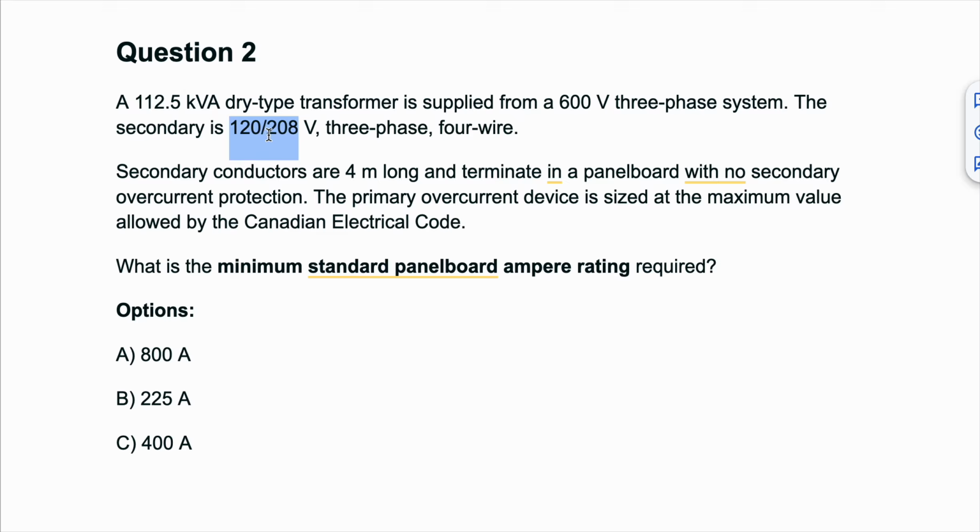In another video I described why we have 120 and 208 at the same time for residential or some commercial usage. But in some other dwelling units or apartments we have 120 and 240 volts.